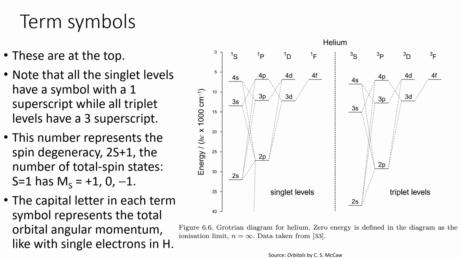And so, since the electron that's remained behind is in an s state, where the angular momentum is 0, it means that the total angular momentum of the atom in each case is simply given by the excited electron. And that's why you can see the S, P, D and F are simply lined up with the s, p, d and f atomic orbitals there in the picture. So there you go, the capital letter means we've added the angular momentum together, but of course one of them was 0 anyway, because of the electron in the 1s orbital.